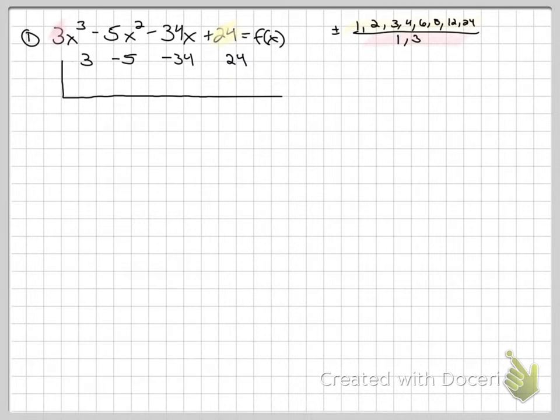Now try +1. 3, -2, -2, -36. That's not going to work either. I'm not going to get a remainder of 0. Erase it or move on. 2 and -2. -2, 3, -6, -11, -22, not going to work.